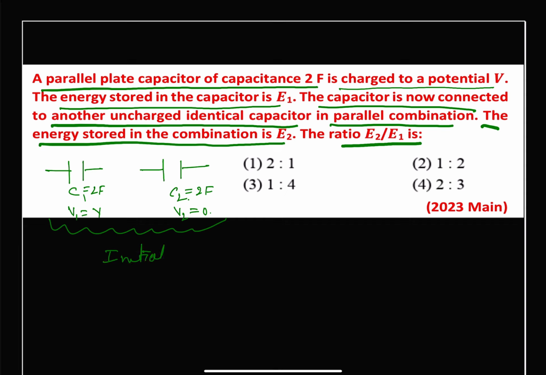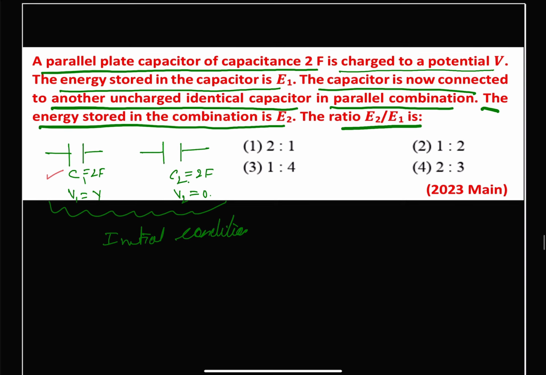So under the initial condition, the total energy will be only the energy associated with C1, because on C2 there is no charge stored, or no voltage on the capacitor. Therefore the initial energy stored, let us call this Ui, will only depend upon C1.